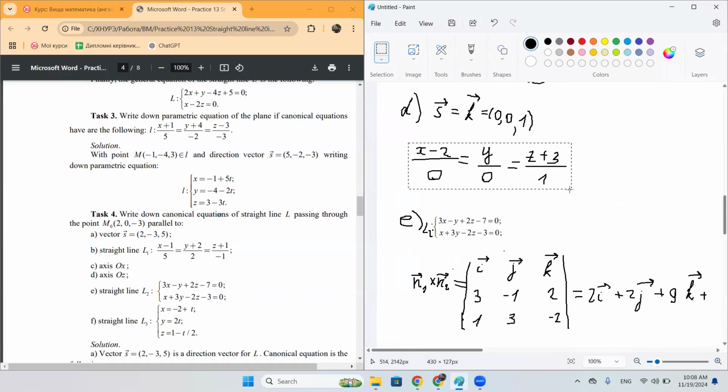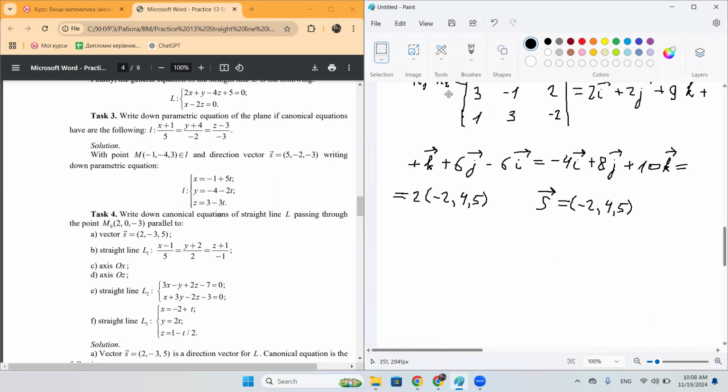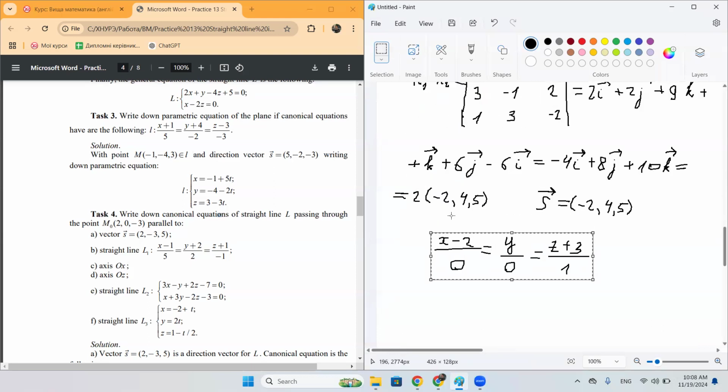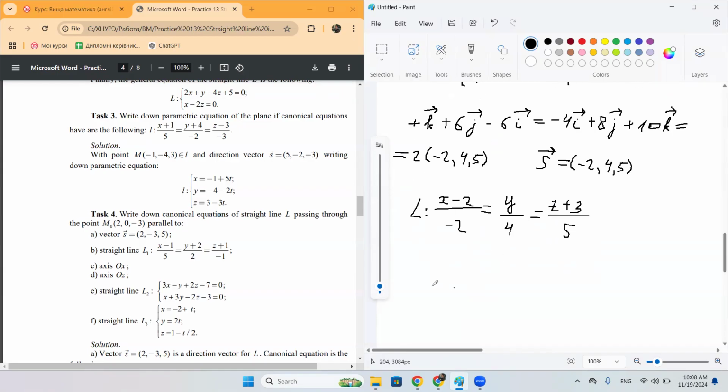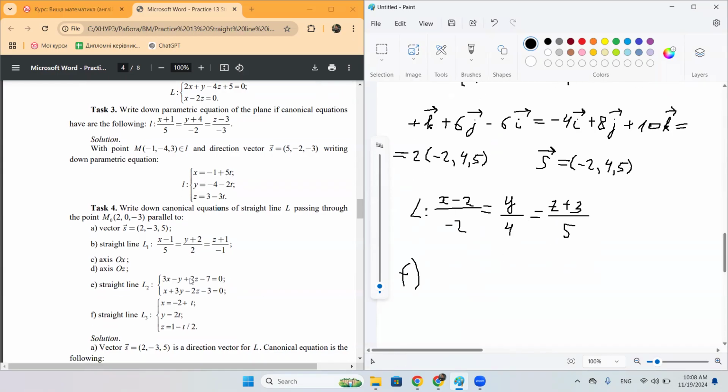So let's write down the equation of the straight line L. So minus 2, 4, and 5. Then the straight line L3.